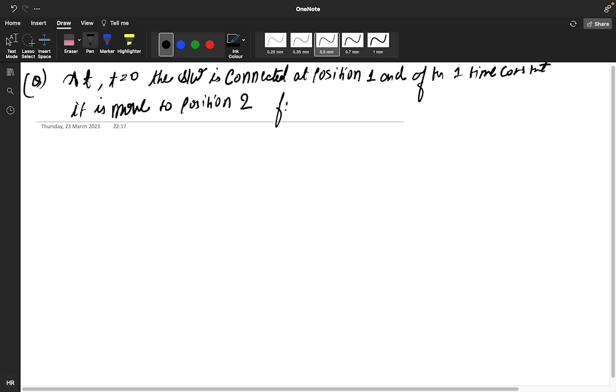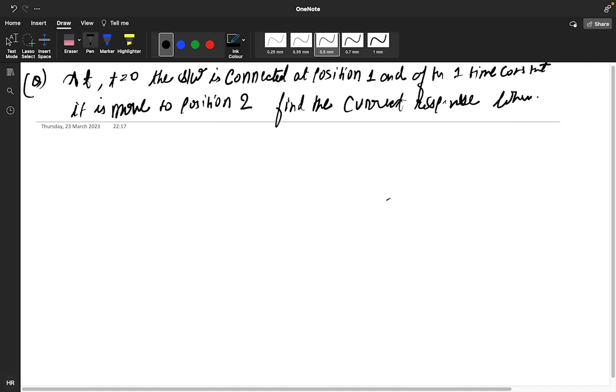You need to find the current response when the switch is connected to position 2.